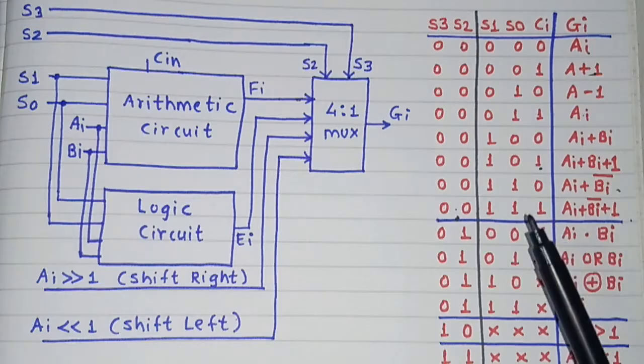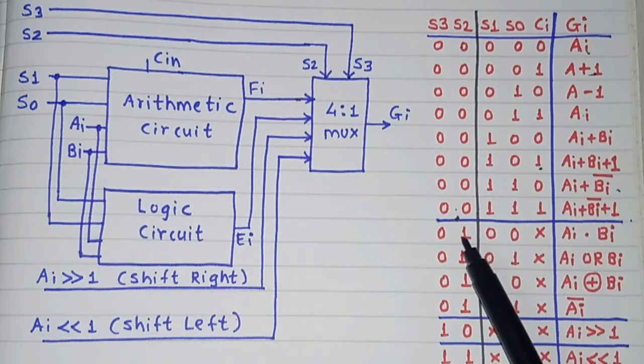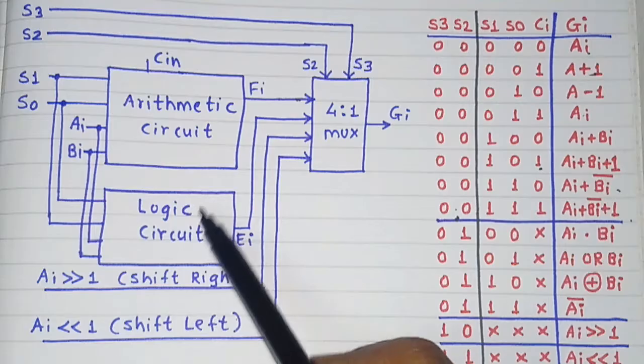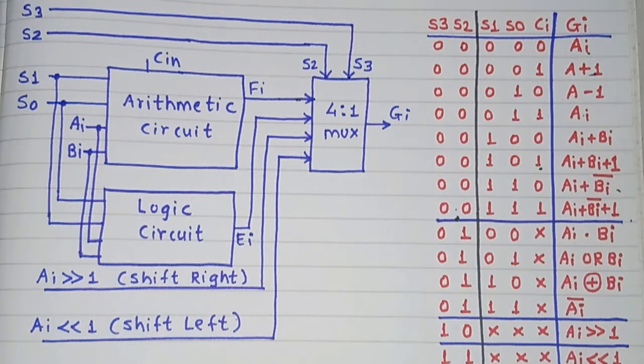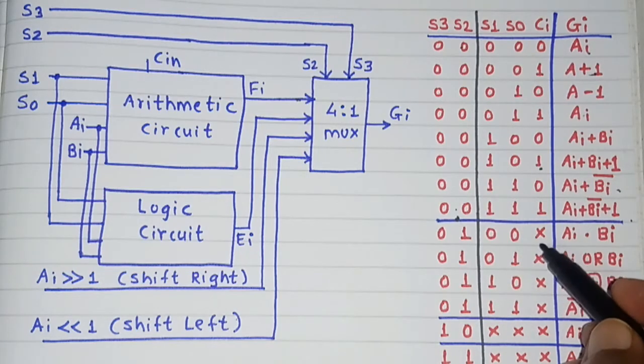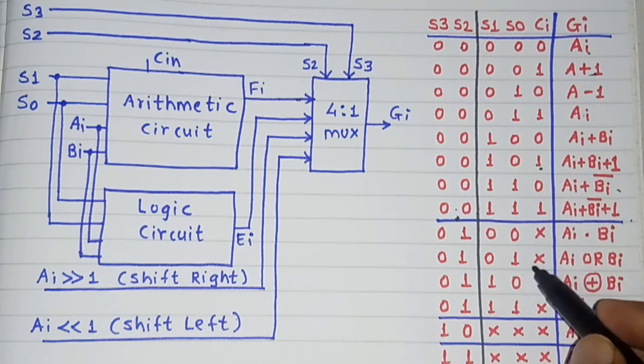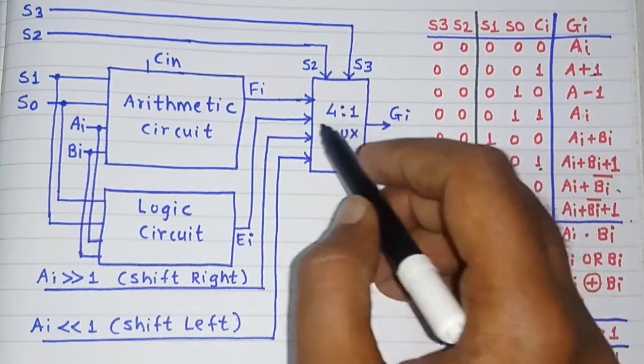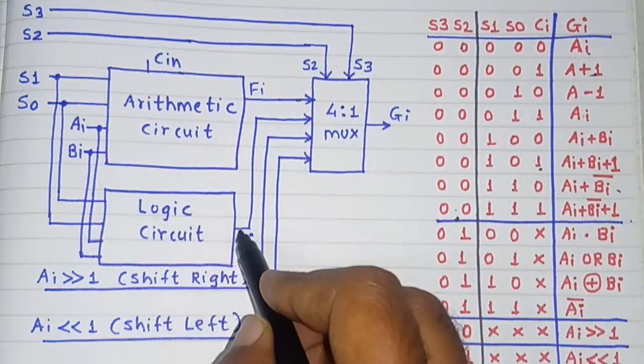Then the next group of operations is the logic circuit unit. Here we have seen the four basic logical operations are performed: AND operation, OR operation, XOR operation and complement operation. To obtain the output of the logical operation, this multiplexer should transfer the logic circuit output, that is EI.